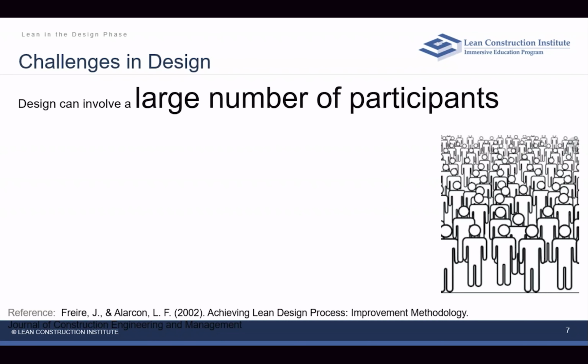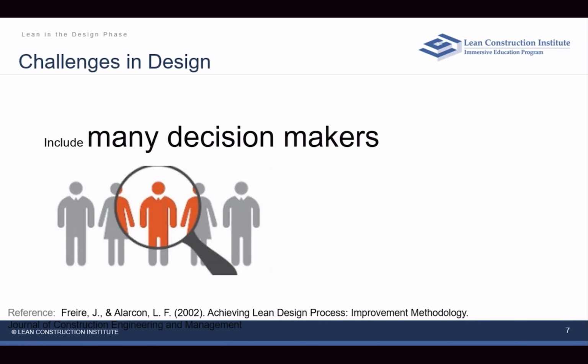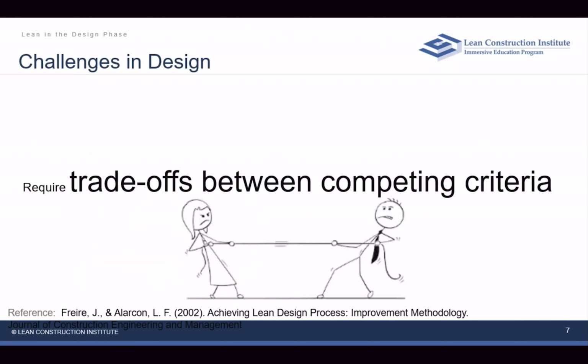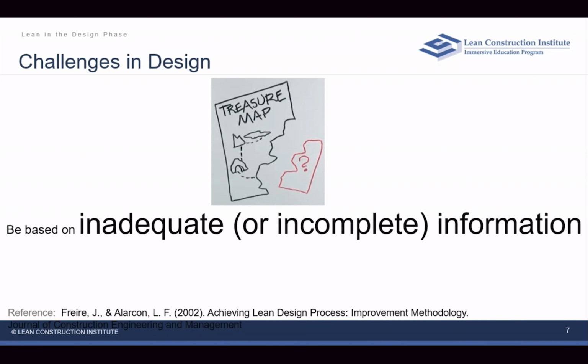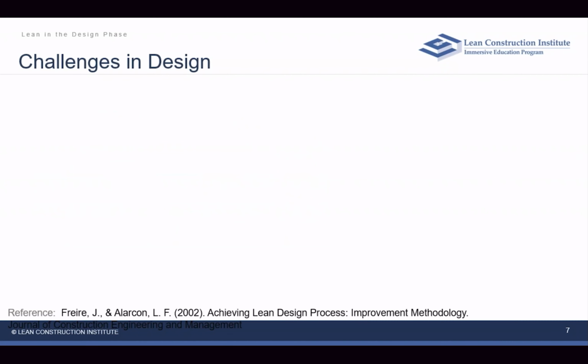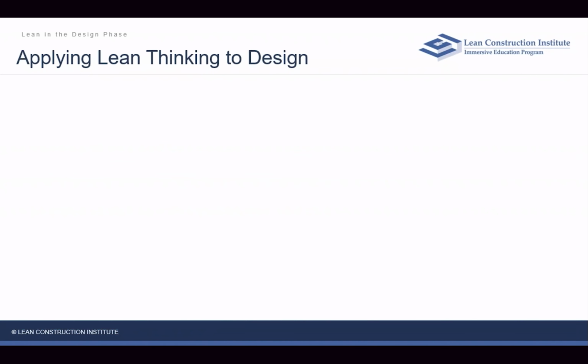Design can involve a large number of participants and include many decision makers, require trade-offs between competing criteria, and be based on inadequate or incomplete information. Often we find incomplete information, and we often face intense budget and schedule constraints. These are challenges that are unique to design.